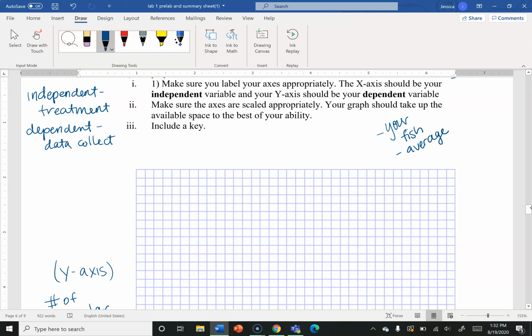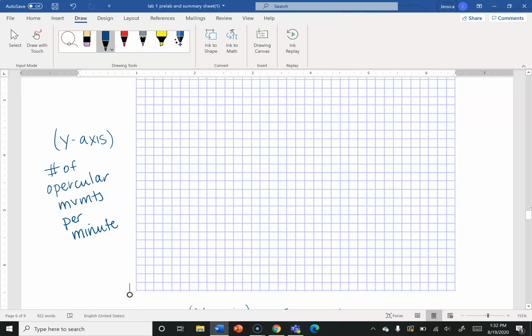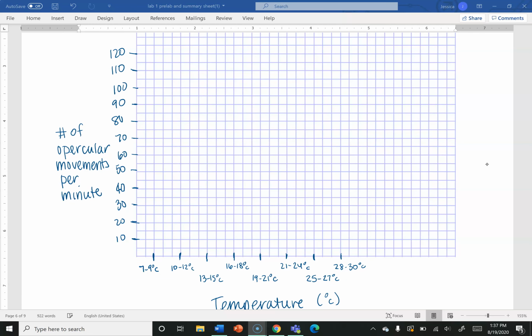So you would want to draw your fish and an average line. And then you're going to use that information to sort of determine if we have supported our hypothesis that the opercular movements, and therefore the respiratory rate, increases with temperature.